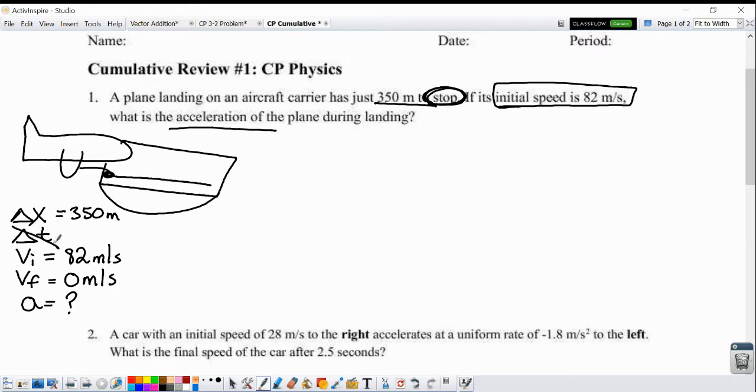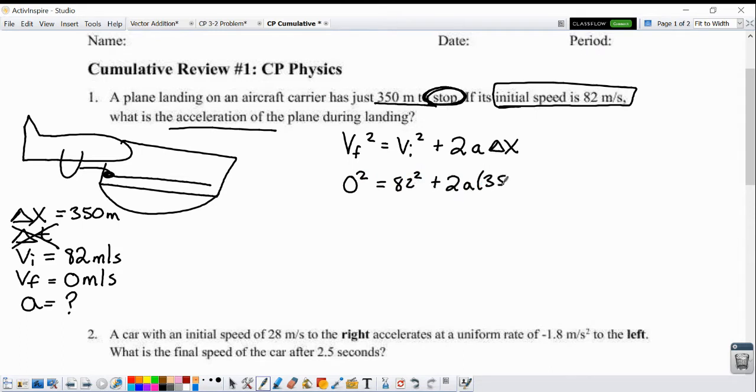So I'm going to choose the equation that does not have delta t: vf squared equals vi squared plus 2a delta x. Vf is 0, so 0 squared equals 82 squared plus 2a times 350. 0 squared is 0, 82 squared is 6,724, plus 2a times 350.